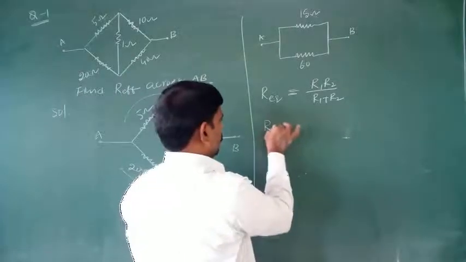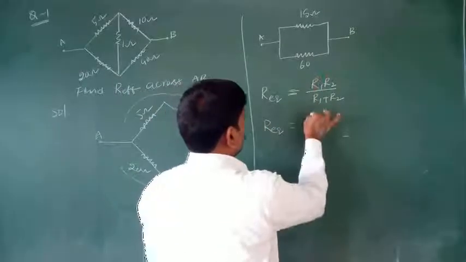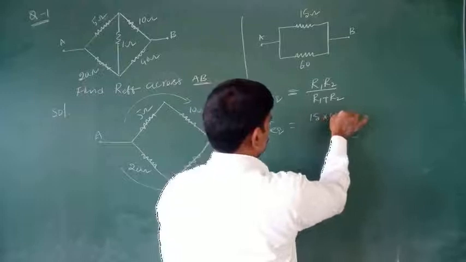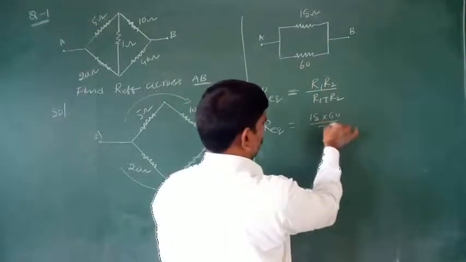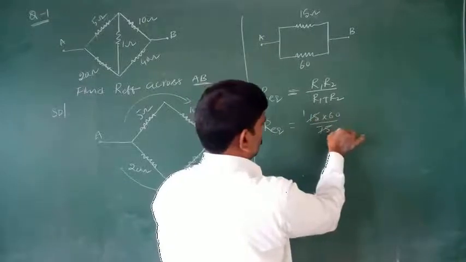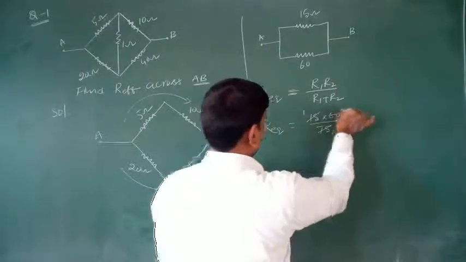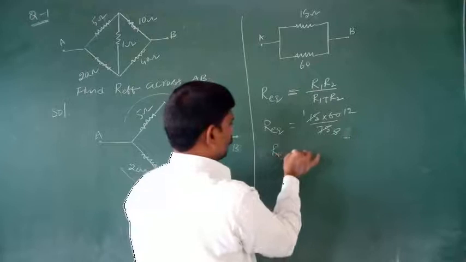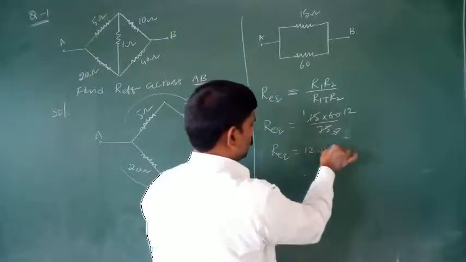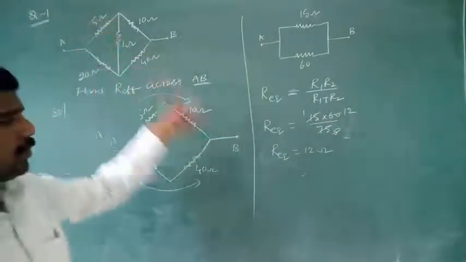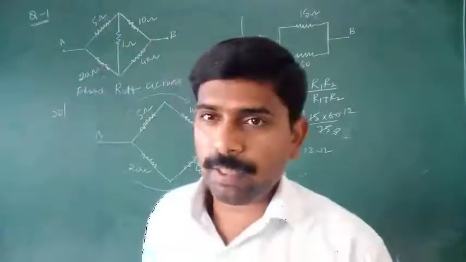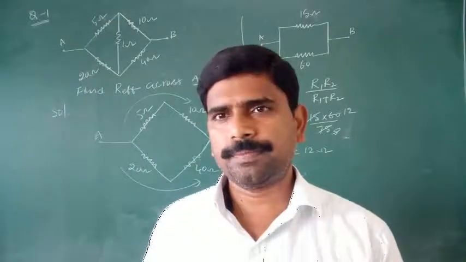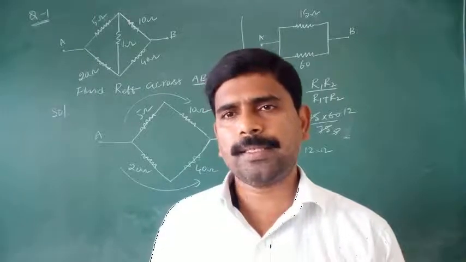Therefore, R equivalent is equal to 15 into 60 by 15 plus 60, that is 75. This is 5 times 12. So R equivalent is equal to 12 ohms. Here effective resistance is equal to 12 ohms. This is in case of the balanced Wheatstone bridge.